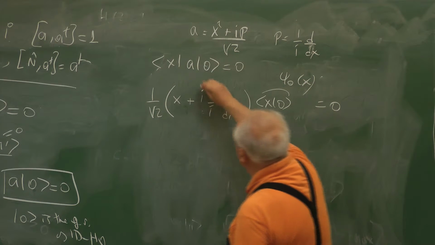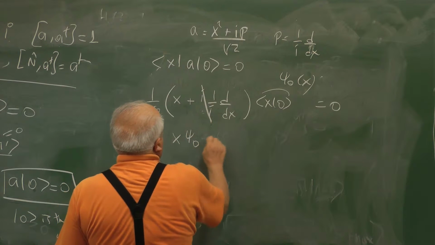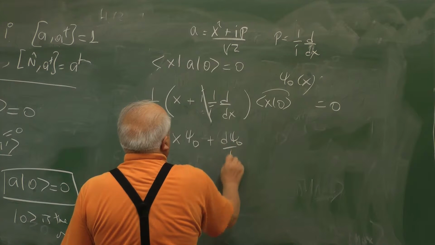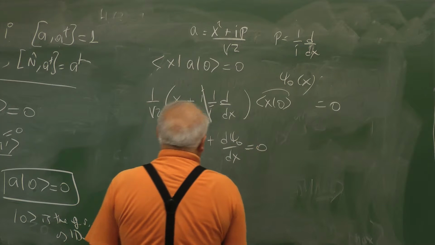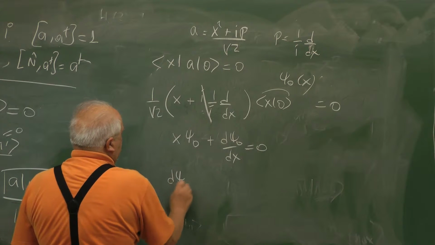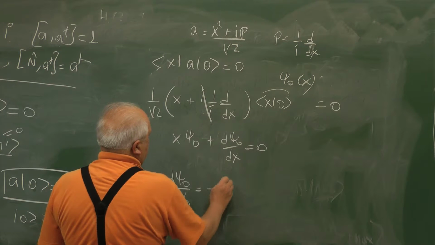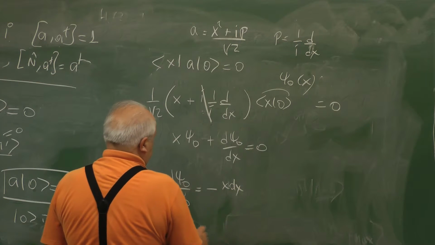So that's the differential equation. So x psi 0 plus d psi 0 dx is equal to 0, or d psi 0 over psi 0 is equal to minus x dx.